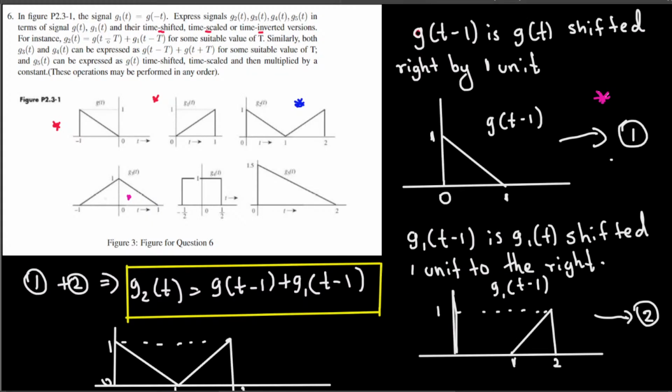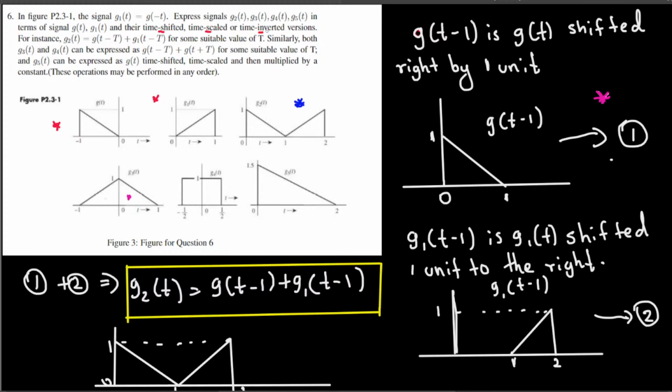Now let's look at the next part. Next part is we have a unit step function. Here we had ramp functions, but here we have a unit step function. But the question says use g1 of t and g of t to express this graph. And we have to just do the time scaling, time shifting, and what else?